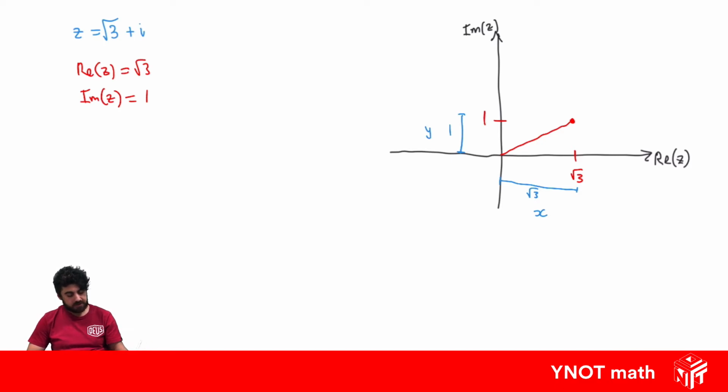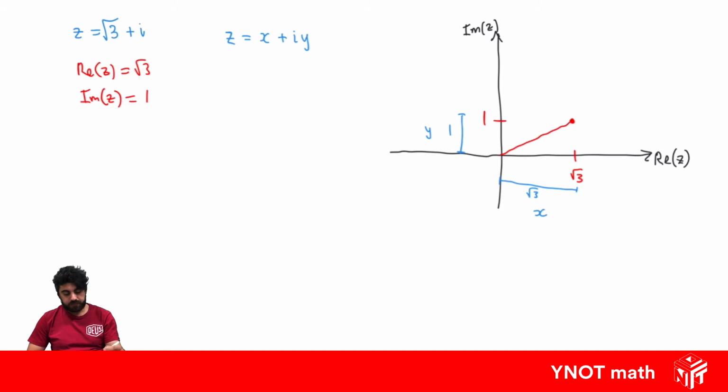Which means that a complex number on the Argand diagram can be represented with z equals x plus iy, which we've already seen before. And we can also just learn some new notation here.